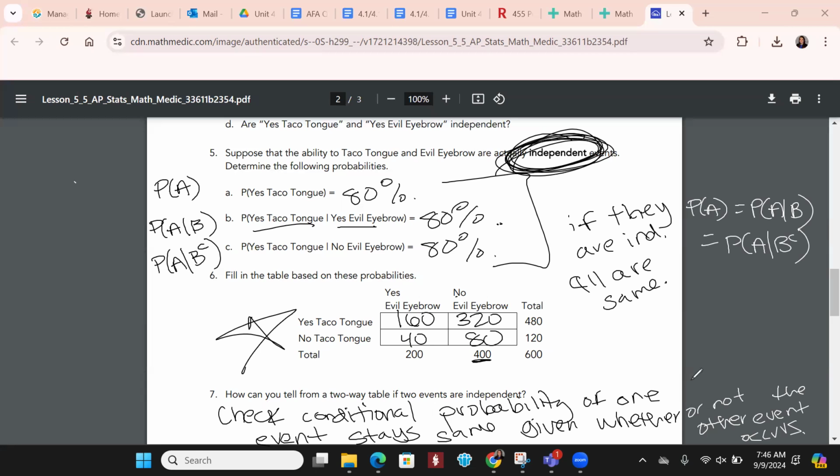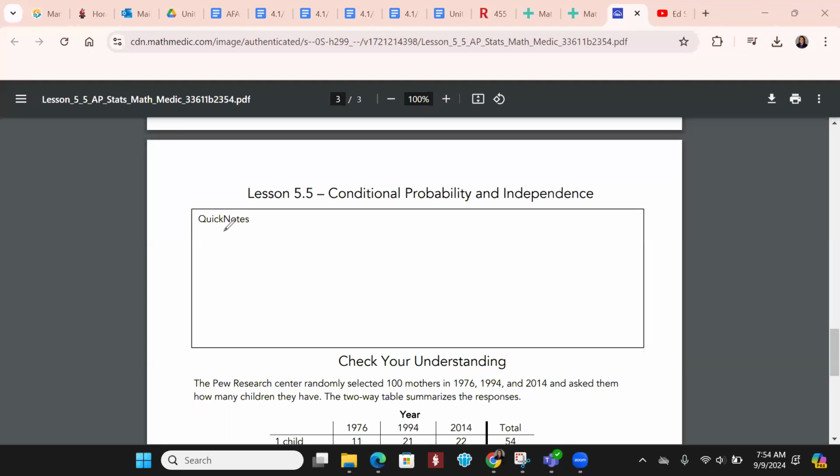Conditional probability is the probability of one event given another.